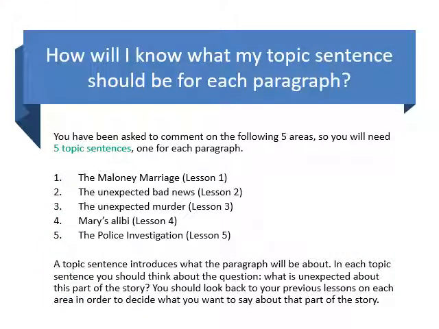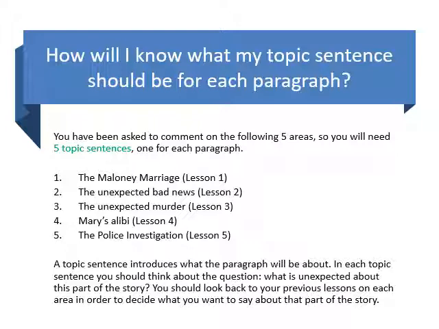So your next question might be, well, how will I know what my topic sentence should be for each paragraph? Remember that you've been asked to comment on the following 5 areas. So you'll need 5 topic sentences, 1 for each paragraph. You can look back here at the lessons that we've done previously when you come to write each paragraph.